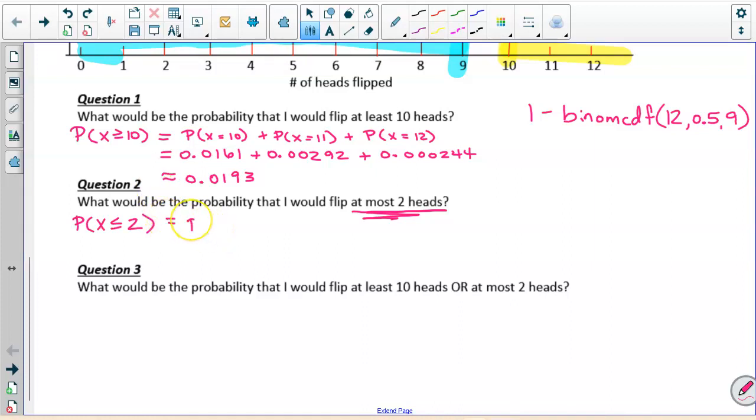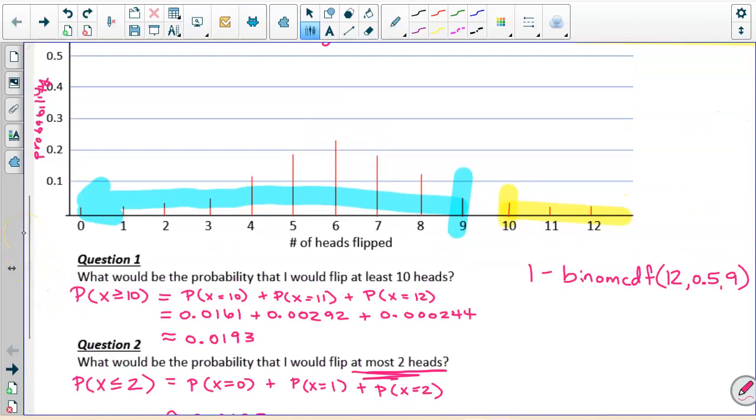So to find that, I could do the probability of flipping no heads plus the probability of flipping 1 head plus the probability of flipping 2 heads, because at most 2, okay? And when you add those, did you get 0.0193? Does that make sense based on my distribution?